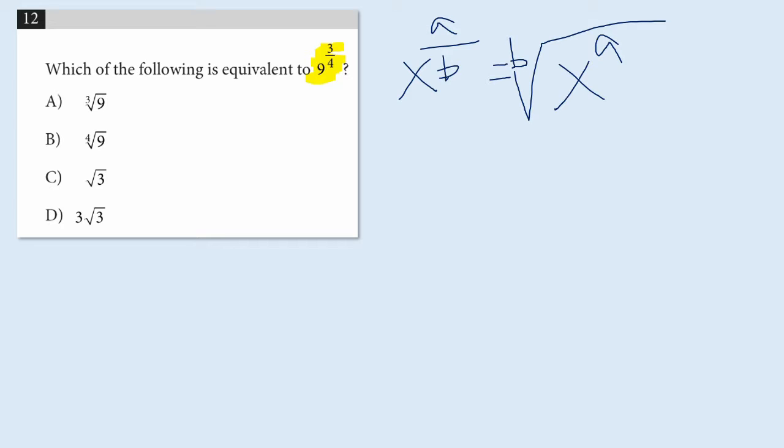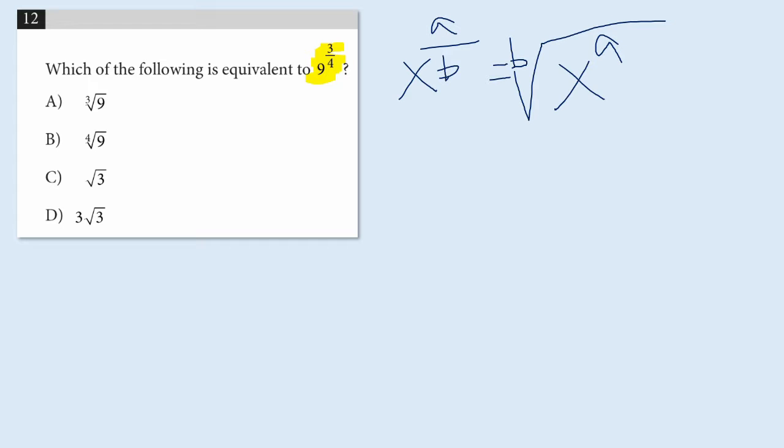So you take the numerator of the fractional exponent, and that's the exponent that you put on the base, and then the root that you take is the denominator of the exponent. So x to the a over b is x to the a, and you want the b root.